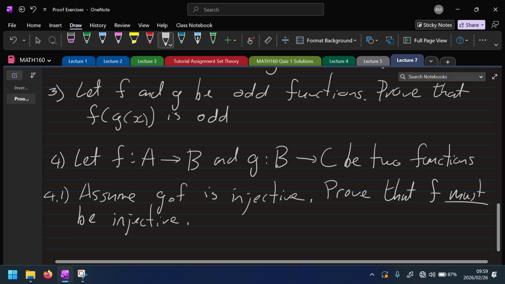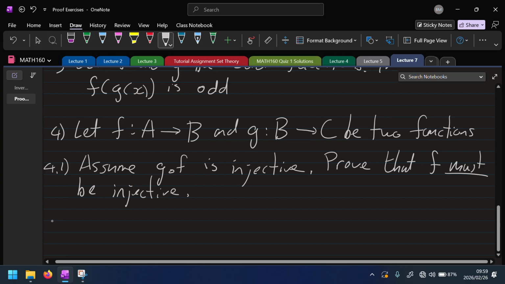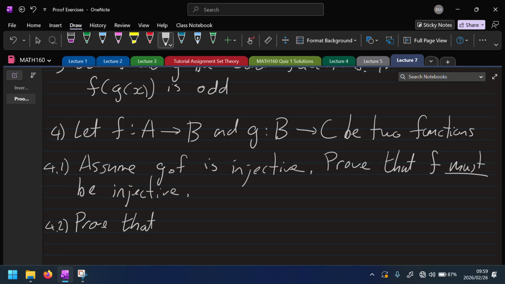Yeah, now this is very interesting, right? We've got any two functions, any two. If the composition is injective, then f, the starting function, must be injective. But we'll see in part 2, g does not need to be injective. It's only the first one. Okay, so for part 2, prove that, or provide an example. g does not have to be injective.